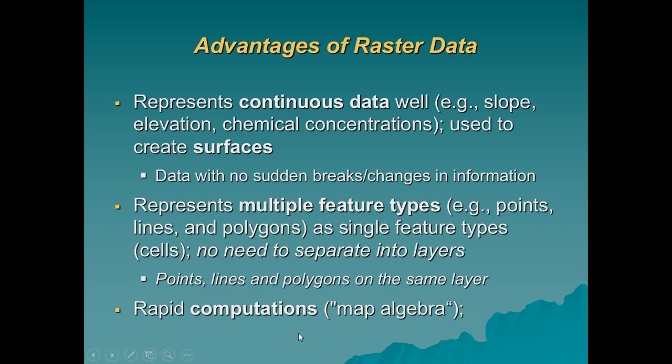Additionally, with your raster data, you can have rapid computation, because remember, the values in the cells would be numeric, so you can do quick mathematical operations within a layer or between layers. This is why we refer to that type of analysis with raster data as map algebra.